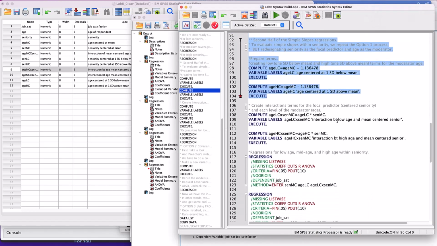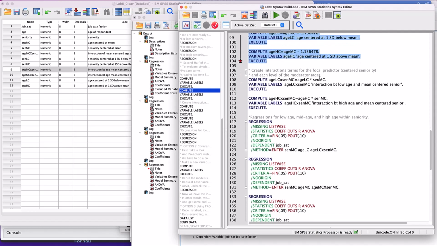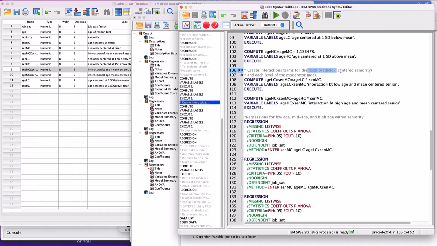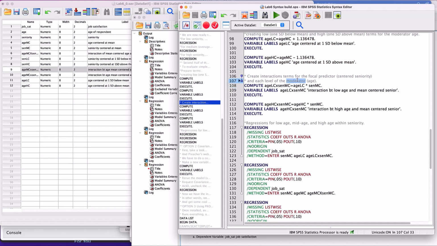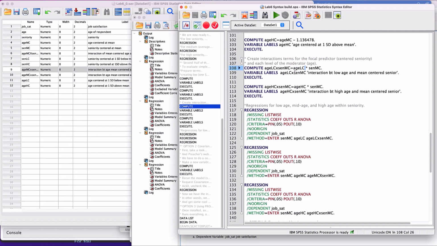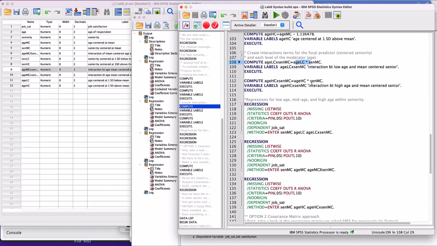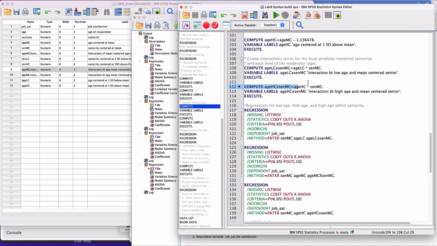And now I need those 2 interaction terms. The interaction term between my focal predictor, seniority, and low age, right there. And another interaction term between average seniority and high age.